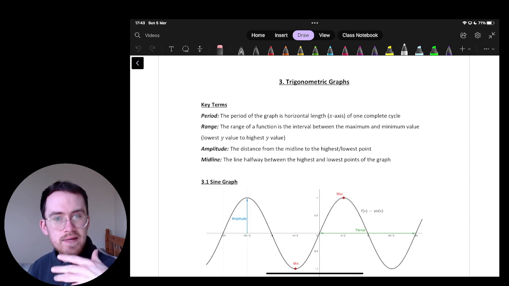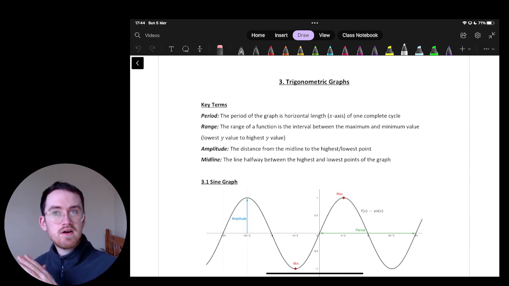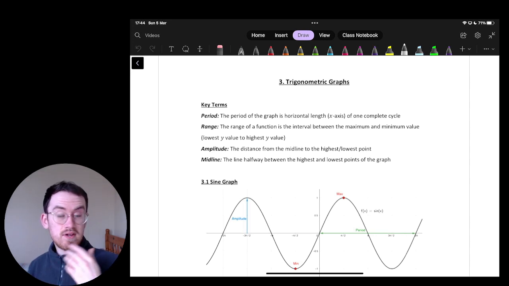They're all repeating graphs. So we can get used to what one cycle looks like, and that helps us determine the period of the graph, like how long it's going to take for it to complete one cycle. When we talk about how long it takes, we're talking in terms of the x-axis. How long in terms of x points will it take until I reach an x value that gives me a value that I've already had, essentially.